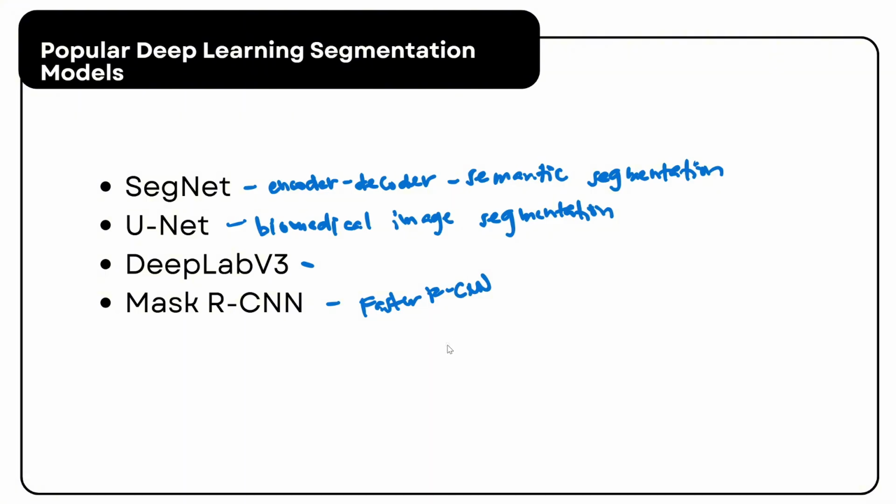Later on, we will discuss this. Each of these models has its strengths depending on whether we prioritize speed, accuracy, or the complexity of the scene. So they are the foundation for tasks like medical imaging, autonomous driving, and real-time video analysis.